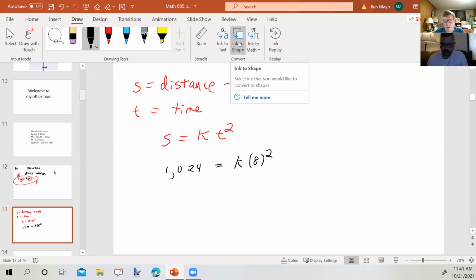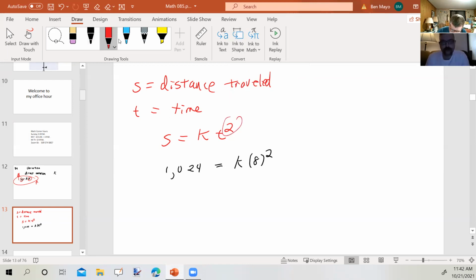I want to point out that the most common mistake that students make with this is if there's a variable squared or cubed in the original formula and they plug in the numbers, oftentimes they'll forget to take the squared with them. So be careful of that.